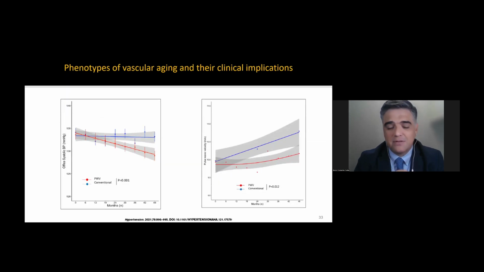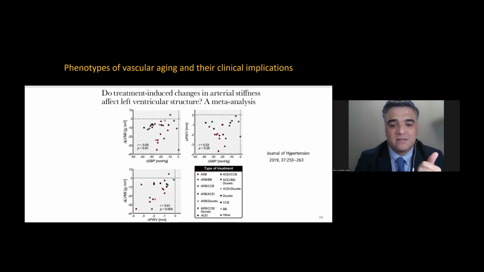It was underpowered. It could not show that if you treat pulse wave velocity directly, you have better clinical outcomes. But it could show that if you pay attention to pulse wave velocity and treat it directly, you'll have better blood pressure control in the end. And as you can see in the right panel, you can also decrease the evolution of pulse wave velocity, decrease the evolution of arterial stiffness and the risk that they inflict in patients, making them more susceptible to cardiovascular disease.